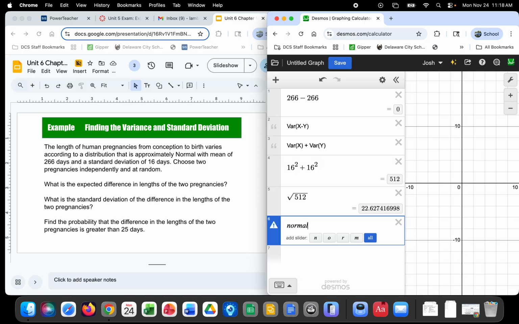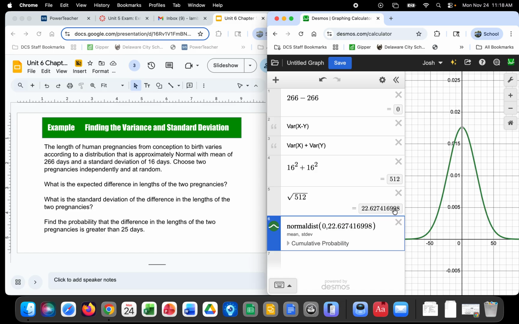So normal, DIST, the mean of this we found was 266 minus 266, which is 0. And the standard deviation is this 22.627. So I can just copy and paste that number right in there. I just Control C and Control V, just copy and paste that thing in there.